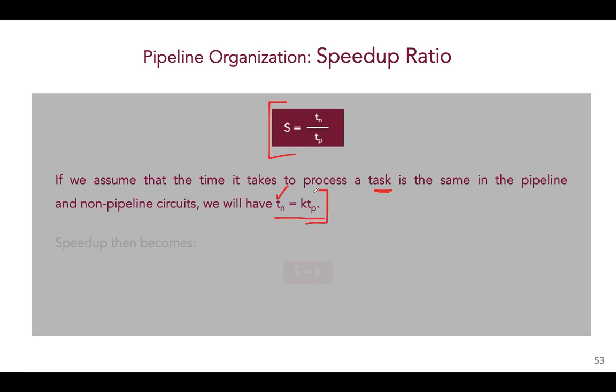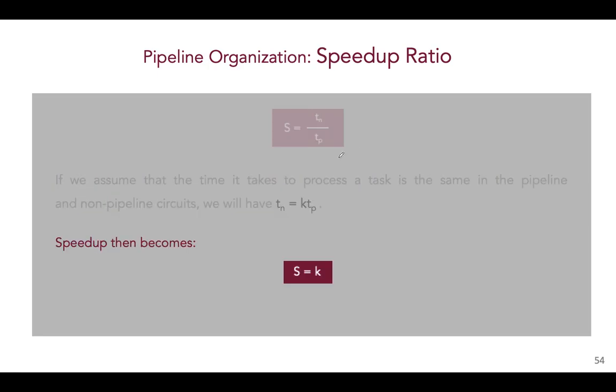So Tp is the time the task takes for one segment. So k times Tp will be the time the task takes for all the segments combined, and these two values will be equal because this is what we're assuming. Now if we substitute this in this formula, what do we get? S is equal to k.